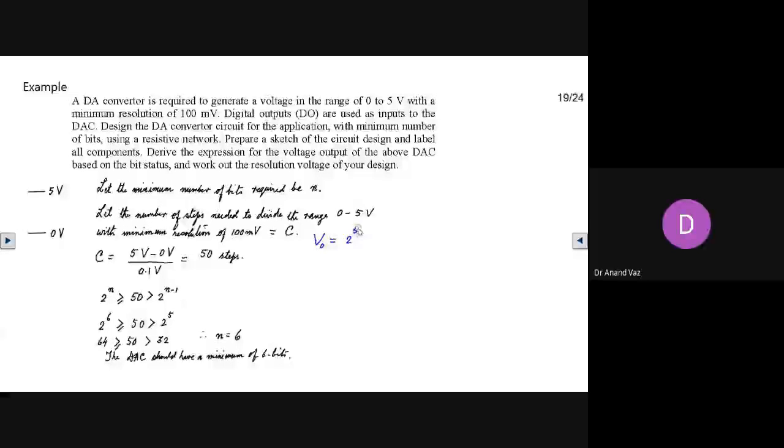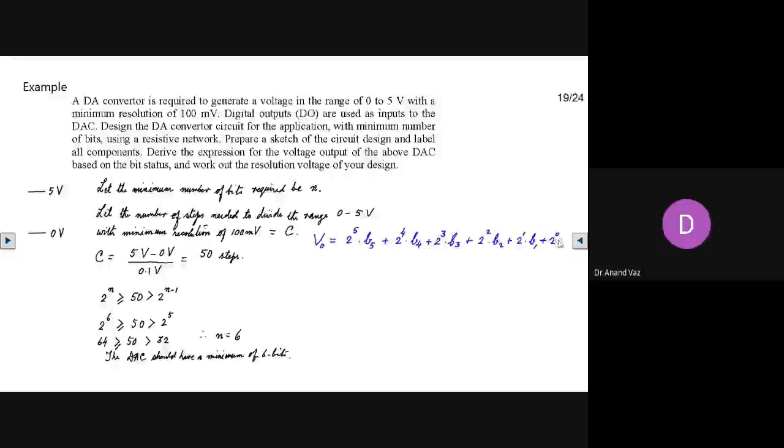So 2 raised to 5 multiplied by B5, this is the 5th bit, plus 2 raised to 4 into B4, plus 2 raised to 3 into B3, plus 2 raised to 2 into B2, plus 2 raised to 1 into B1, plus 2 raised to 0 into B0.